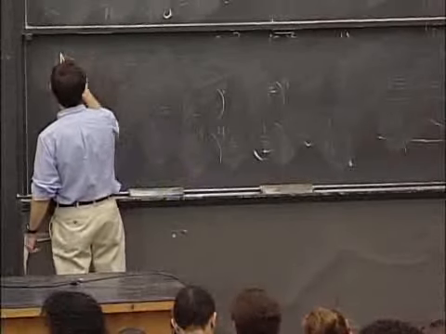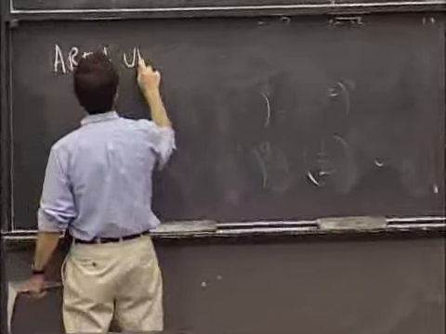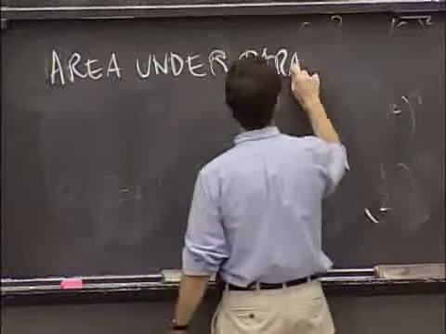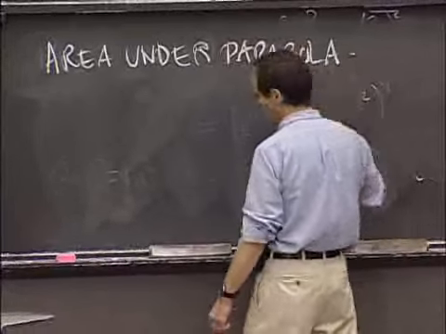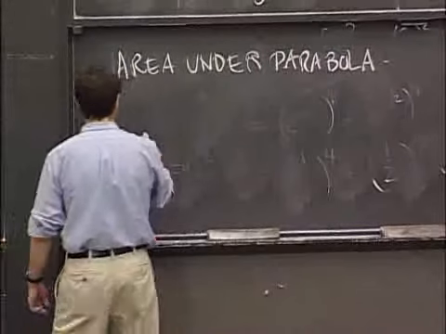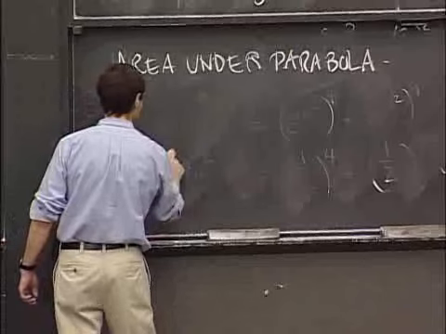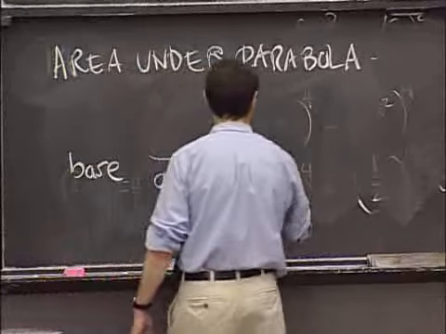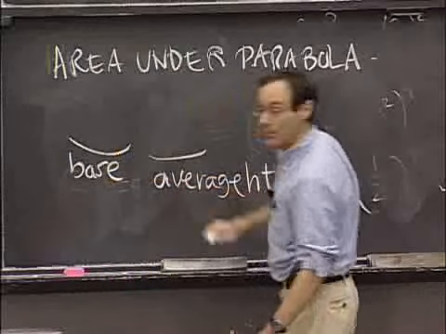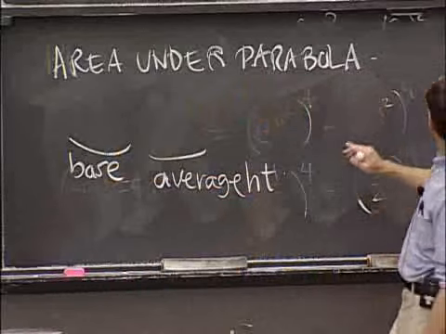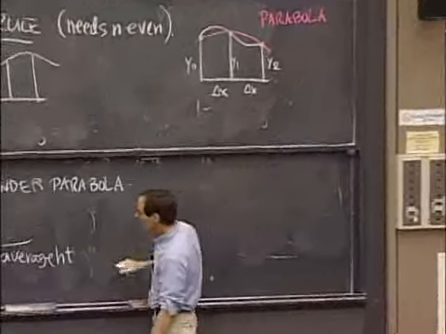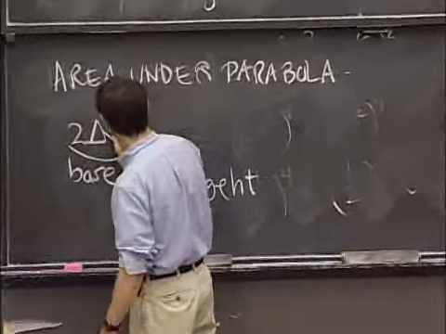The area under the parabola is going to be a base times some kind of average height. And the base here, you can already see, is 2 delta x.